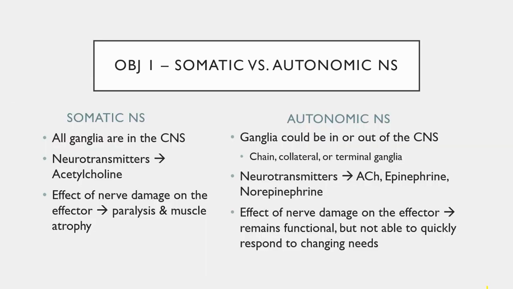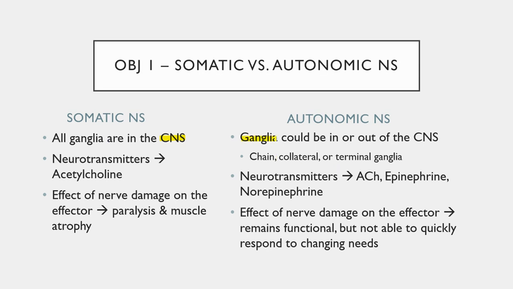All right, some more differences between the two. In the somatic nervous system, all of your ganglia are in the central nervous system. And then in the autonomic nervous system, the ganglia could be in or out. Okay, so the peripheral nervous system is what has your ganglia, but pretty much they are going to be located, those cell body collections are going to be located within the central nervous system.